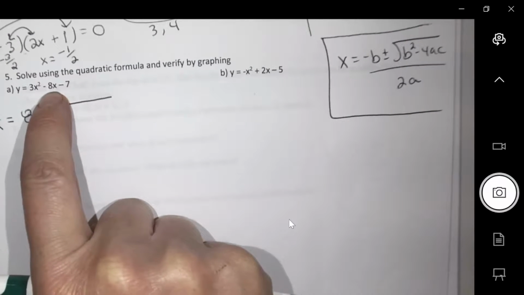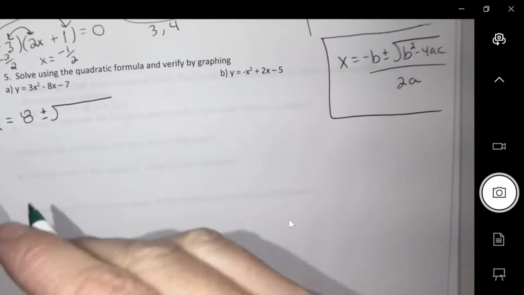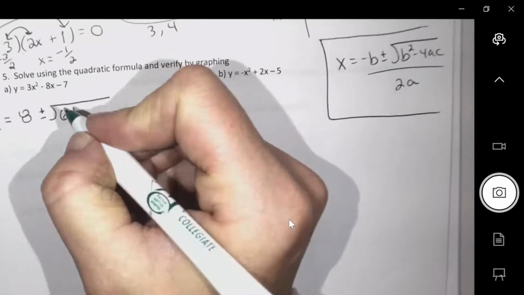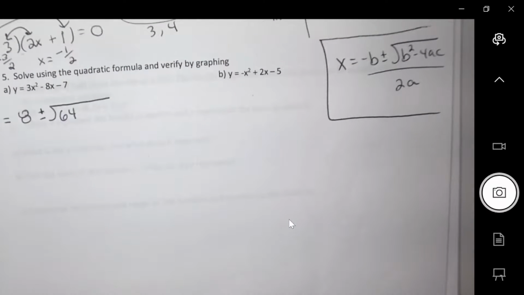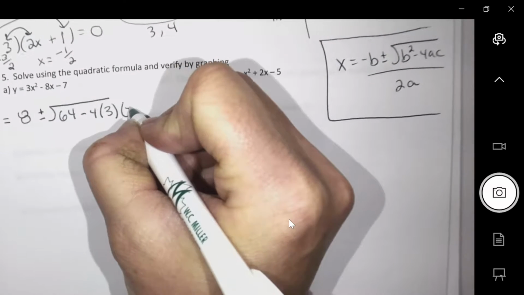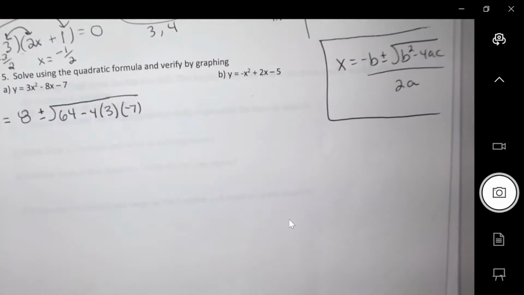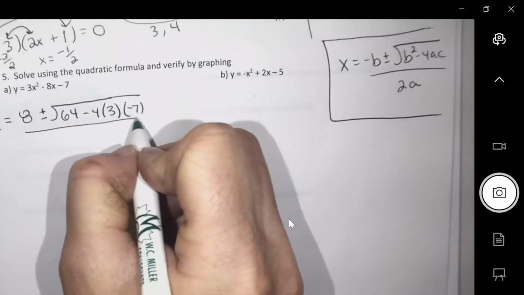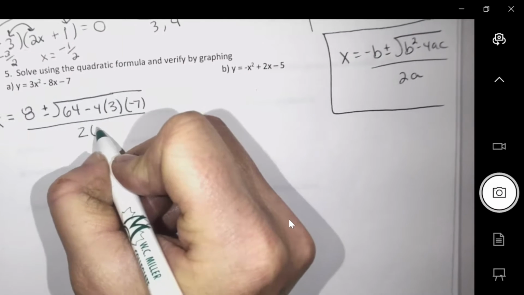I'm going to do that in my head. So 64. And it doesn't matter if it's 8 squared or negative 8 squared. It still is positive 64. Minus 4 times 3 times negative 7. All over 2 times 3.